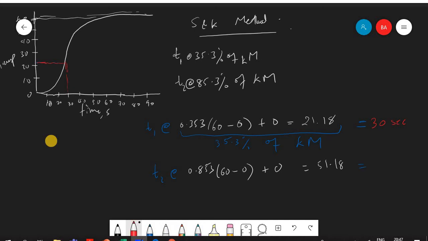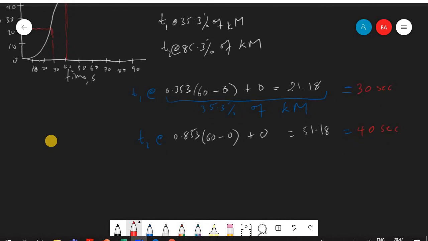I'm going to go to 51.18, and it is somewhere here. Then I'm going to go down there, which is about 40. I'm just trying to take whole numbers for the sake of calculations. So this is T1 and T2.